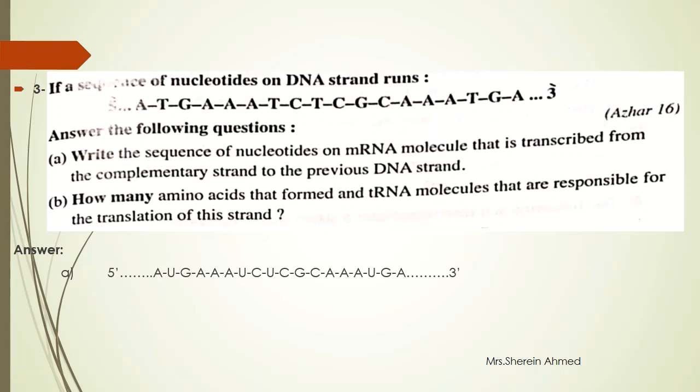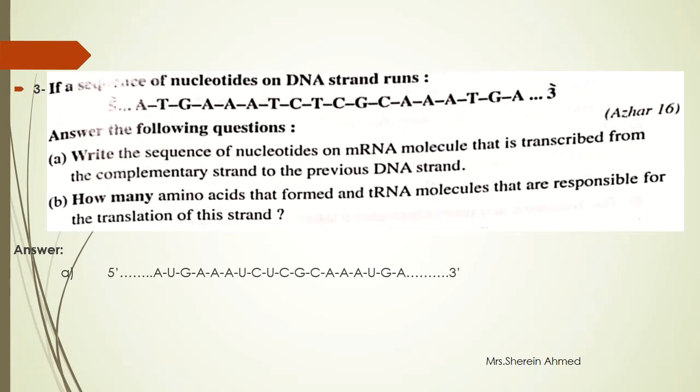How many amino acids are formed, and how many tRNA molecules are responsible for the translation process? First question is the amino acids number. We are going to count every 3 nucleotides, which will be translated into one amino acid.